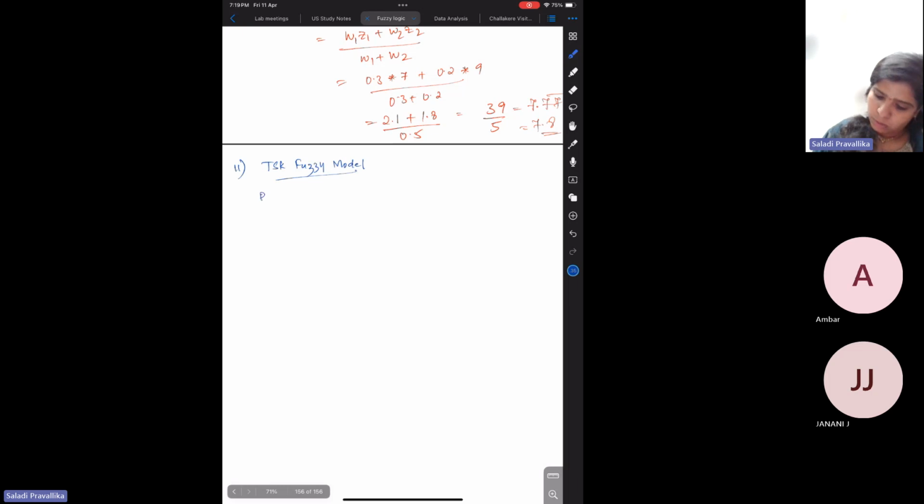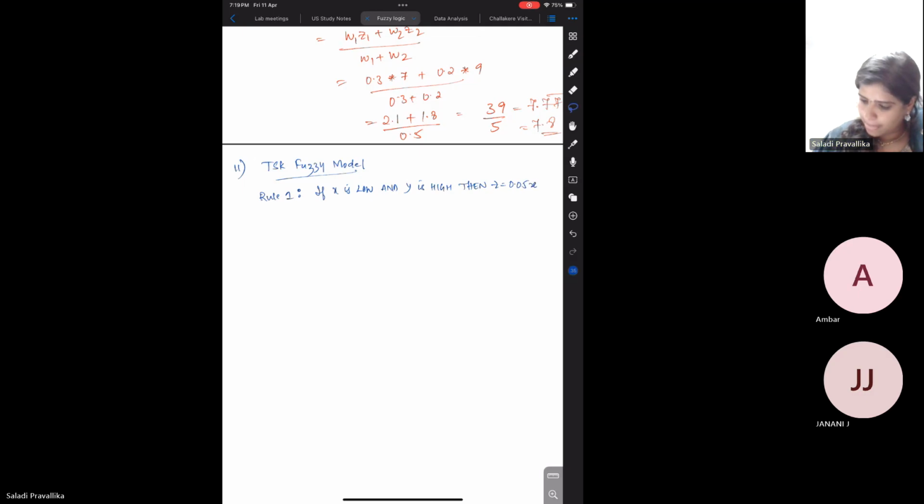Rule 1, if x is low and y is high, then z is equal to 0.05x minus 0.03y plus 0.5.